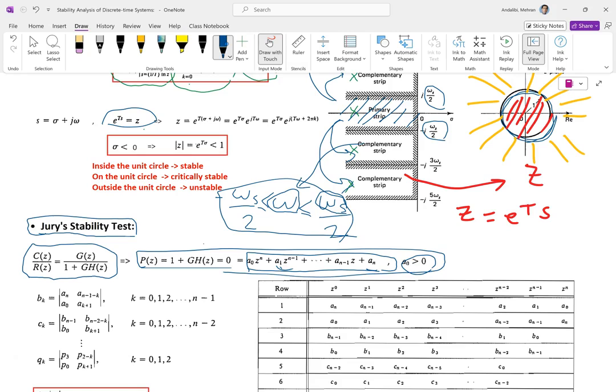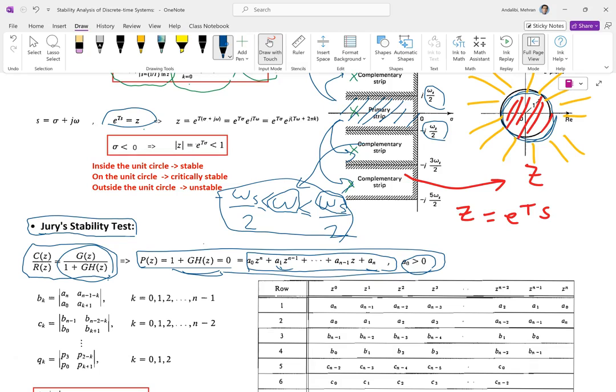Because if the only job of this is to find whether the roots have magnitude less than 1 or not, of course, as I said, you can just find the roots if you know all of those a's, a1, a2, all the way to an, right? So that's not the big deal. The big deal is if there is a tunable parameter inside this characteristic polynomial, and you want to know for which range of that parameter this system will be stable, then this table can really help you, because the roots will not necessarily be as easy to find when one parameter is like k and not all of these a's are numbers.